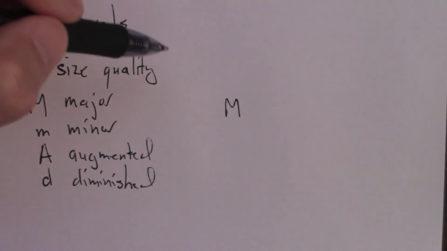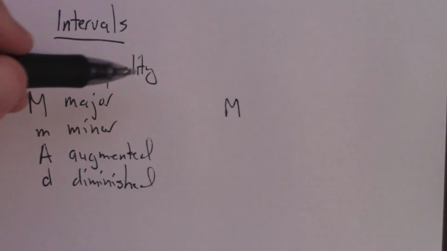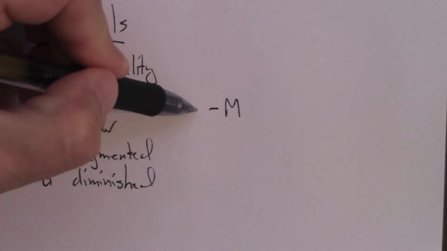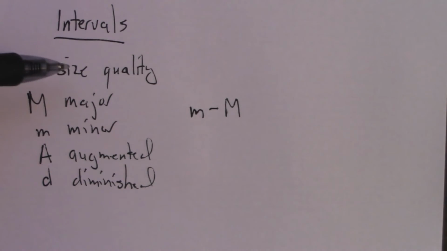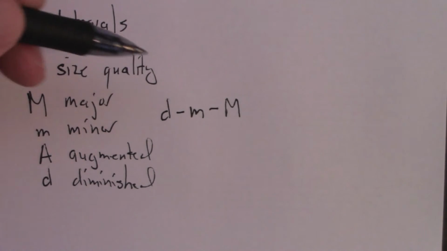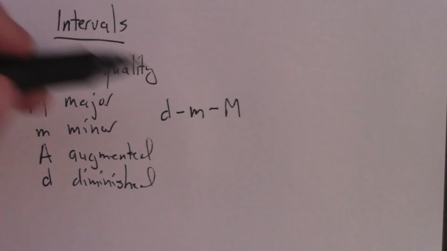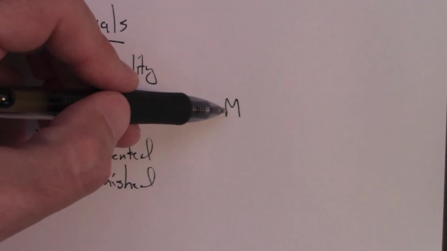If you have a major interval, intervals are made up of half steps. If you take away a half step, it becomes minor. If you take away another half step, it becomes diminished. If you add a half step to a major interval, you make it even more major.